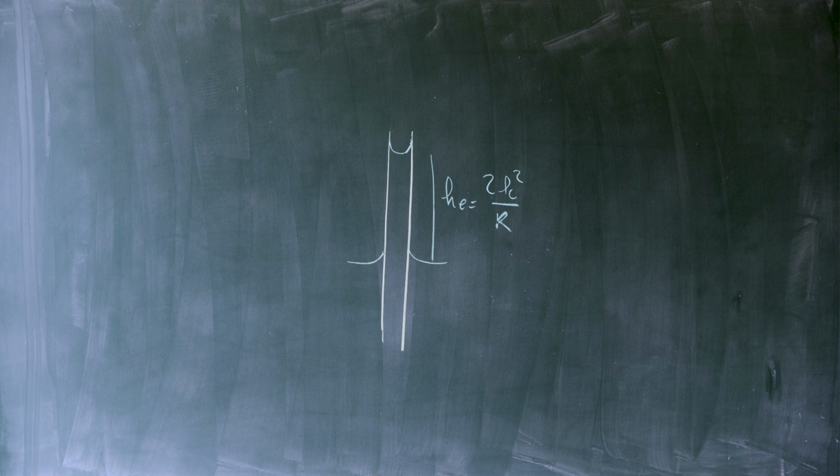It also tells us that we will only observe the rise, that is, HE will be larger than the capillary meniscus of the size of the capillary length, if the tube radius is smaller than the capillary length. And finally, this formula tells us that if R goes to 0, H goes to infinity. That is, if we take tubes small enough, this effect can be huge.